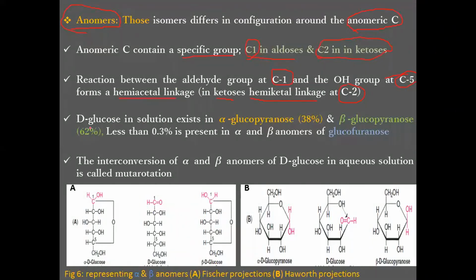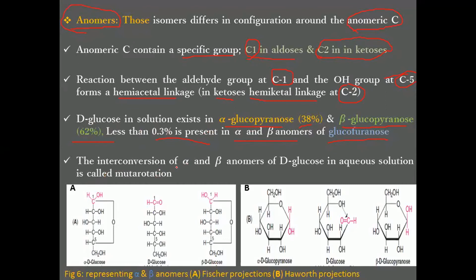Next is the example of D-glucose. It exists in solution in 38% as alpha glucopyranose form and in 62% beta glucopyranose form, and less than 0.3% is present in alpha and beta anomers of glucofuranose form. So these type of isomers interchange between one another.